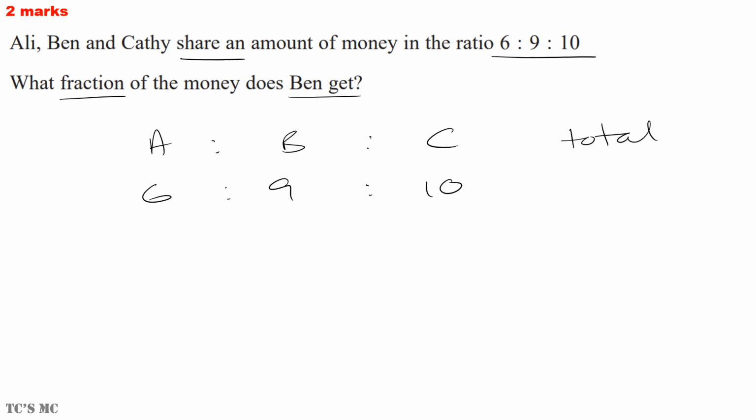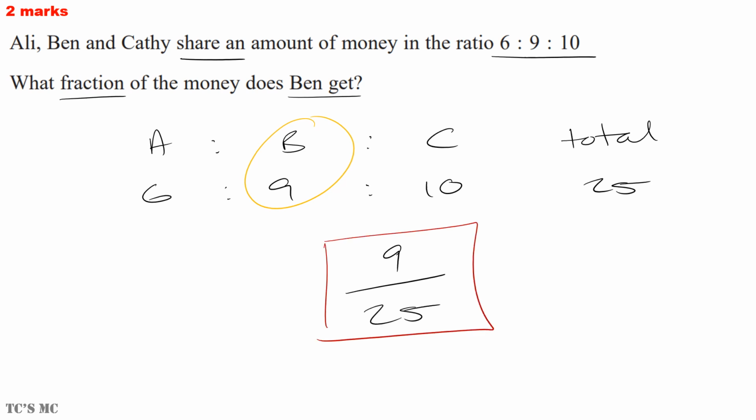I'm also going to work out the total parts, which is 25. The question is asking about Ben. Ben has a total of 9 parts out of a possible 25. You get 1 mark for knowing the denominator is 25 and the second mark for saying 9 over 25.